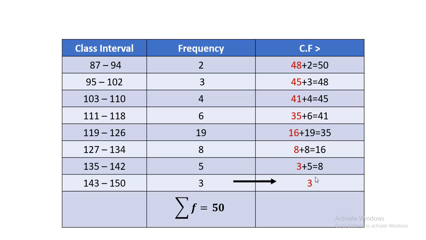Then for this class, 3 carried forward plus 5, 8. 8 carried forward plus 8, 16. Now this 8 in black is representing the frequency, and this 8 in red is representing the answer that we got earlier.